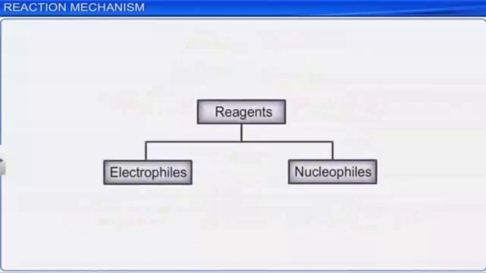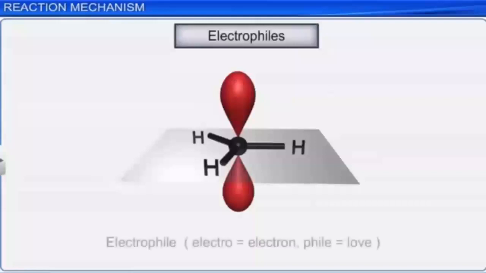Polar organic reactions are caused by two types of reagents: electrophiles and nucleophiles. Electrophile is an electron-seeking or electron-loving species, as it is electron-deficient.